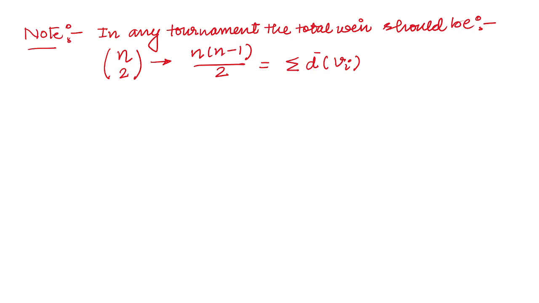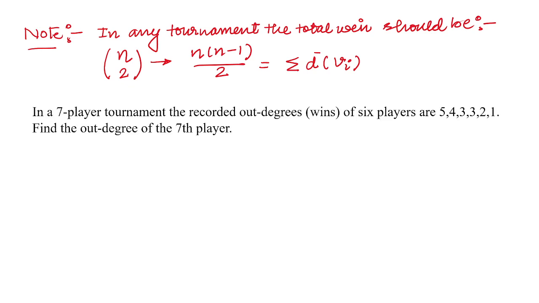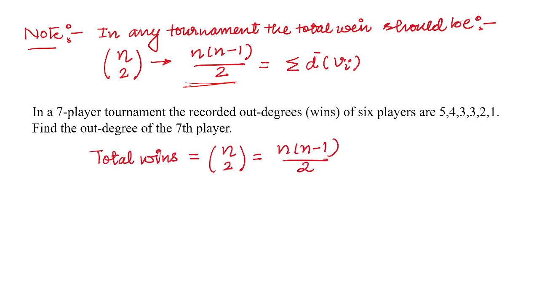in any tournament. Okay, so if I have a question that in a 7-player tournament the recorded out degrees of 6 players are given, and I am interested in finding out the out degree, or the wins, of the 7th player, then what I have to do is use this formula. The total wins in a 7-player round robin tournament should be n(n-1)/2, so that is 21.